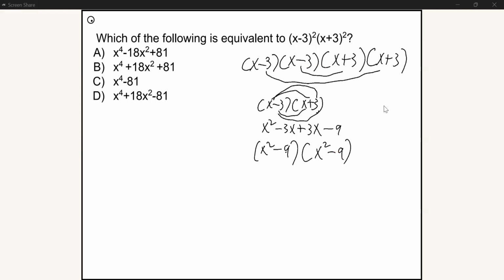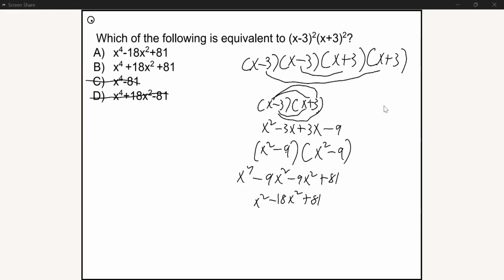So it's not going to be C, it's not going to be D. And then if we FOIL this out, we'll get x squared times x squared, x to the 4th, minus 9x squared minus 9x squared plus 81. You get x to the 4th minus 18x squared plus 81.